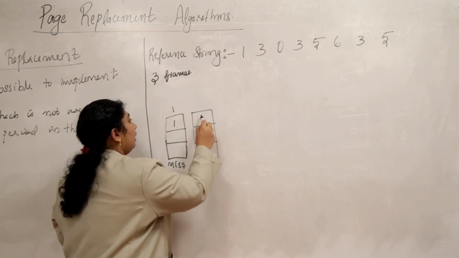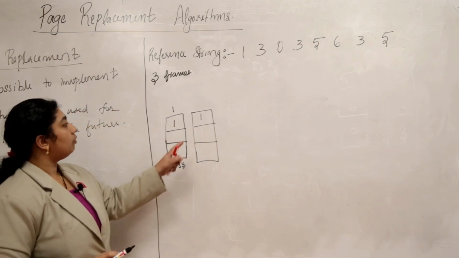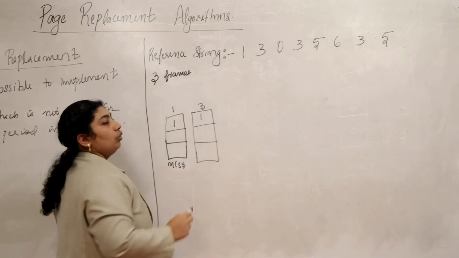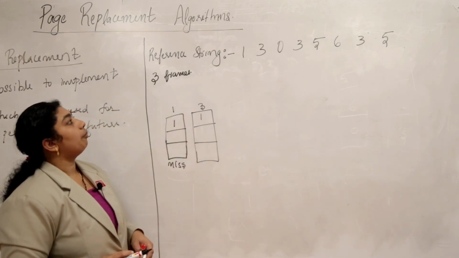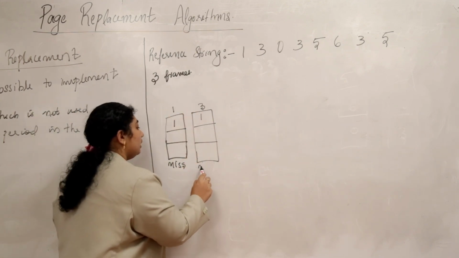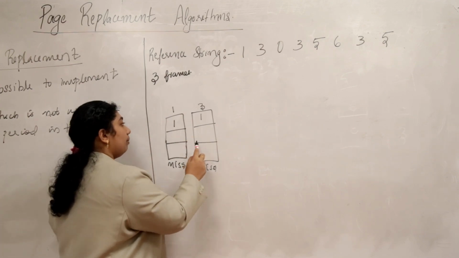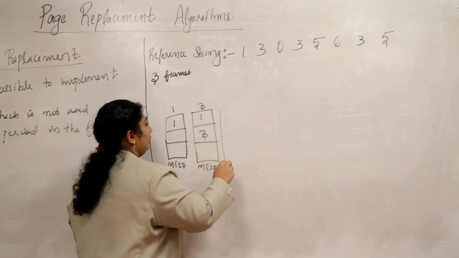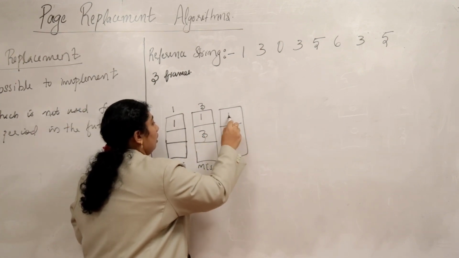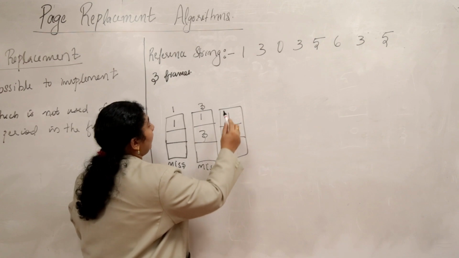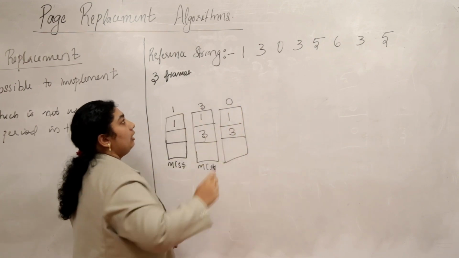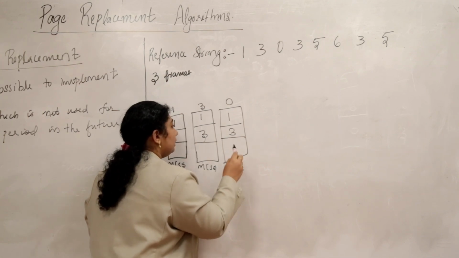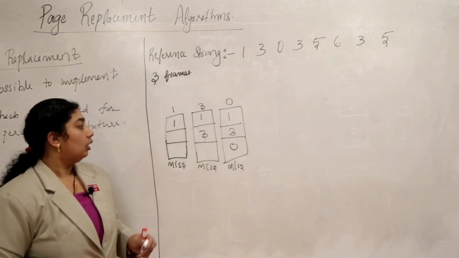When the next request comes, we have 1 in the physical memory and 2 free frames. Next request is for page number 3. Page number 3 is not present in the physical memory, so it is again a miss, and page number 3 is loaded into the physical memory. Next we have 1, 3 and 1 free space. The next requested value is 0, which is not present in the physical memory, so again a miss, and we will load the page number 0 to the physical memory.